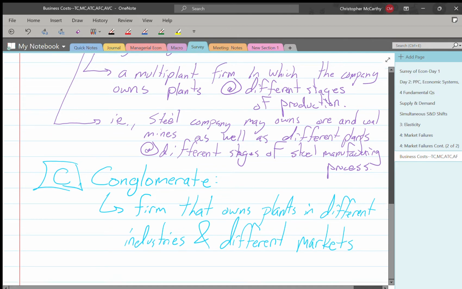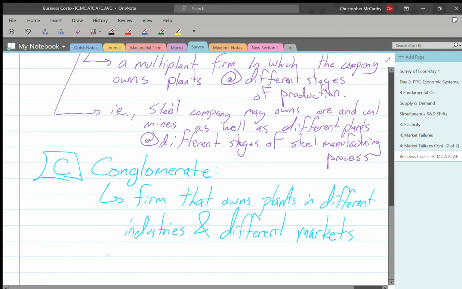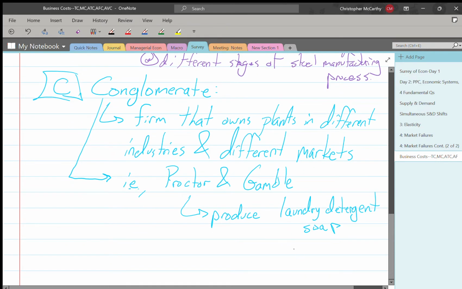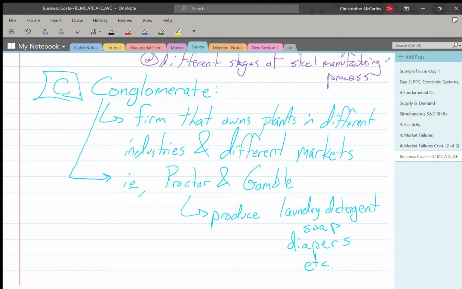So a conglomerate, right, would be Procter and Gamble. They produce laundry detergent, soap, feminine products, diapers, all sorts of stuff. Now they have different names. It's Herbal Essences and Dial and all this other kind of stuff, right? But all of them are owned by Procter and Gamble.